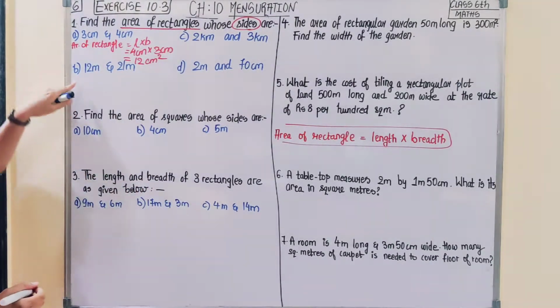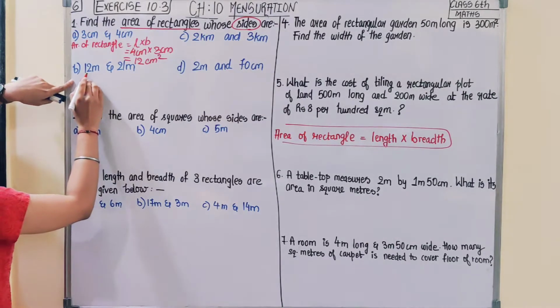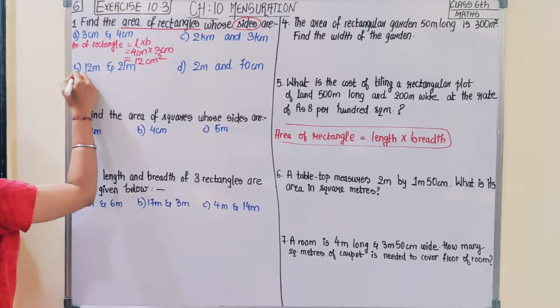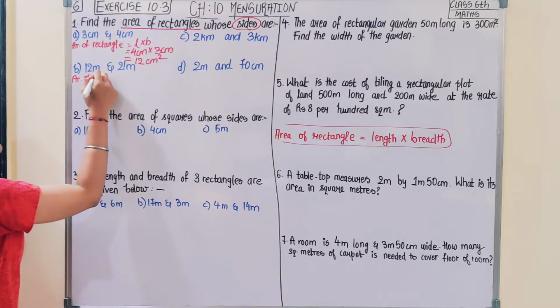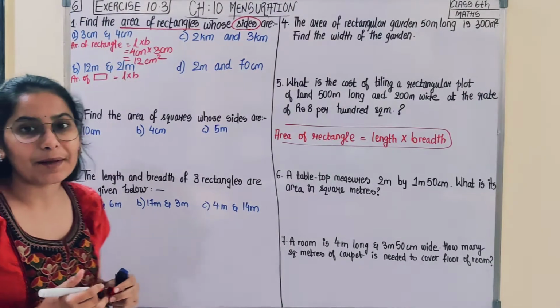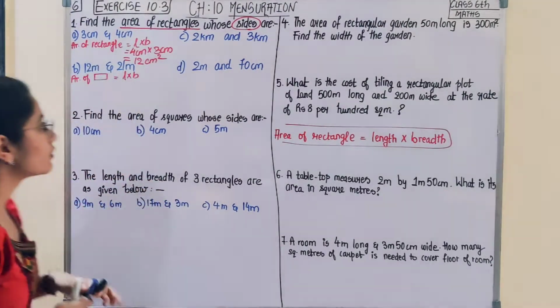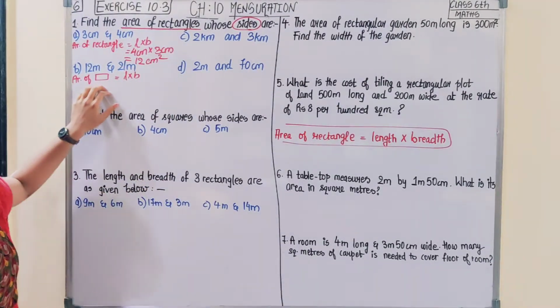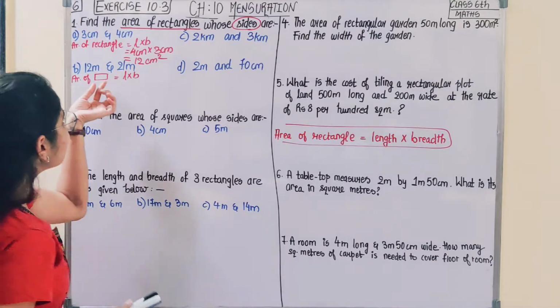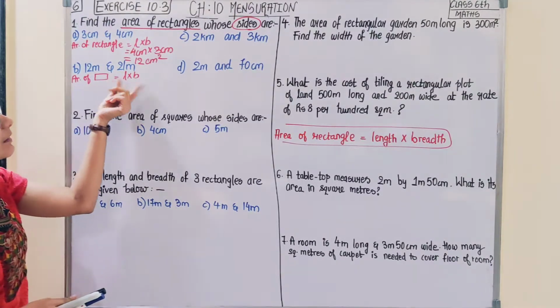In case of the rectangle having dimensions 12 meter and 21 meter, area of rectangle is equal to length into breadth. You might be thinking, ma'am is using abbreviations for representing rectangle, area, length, breadth.